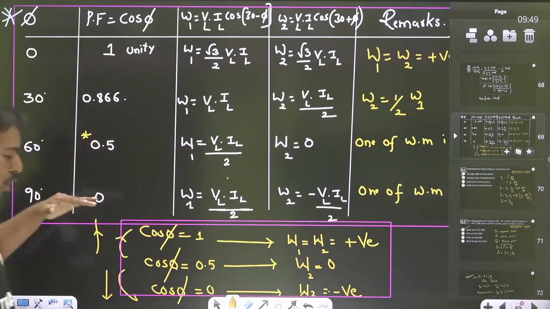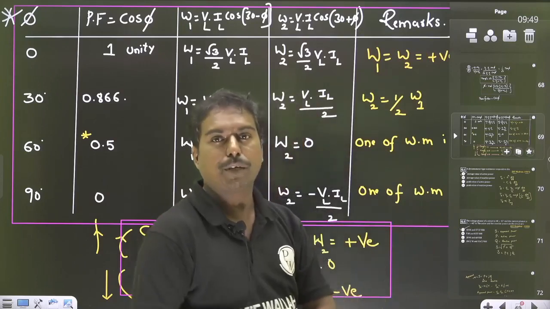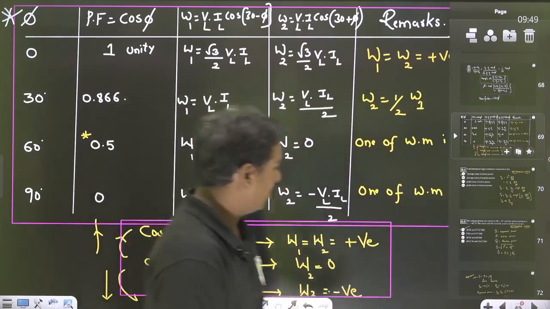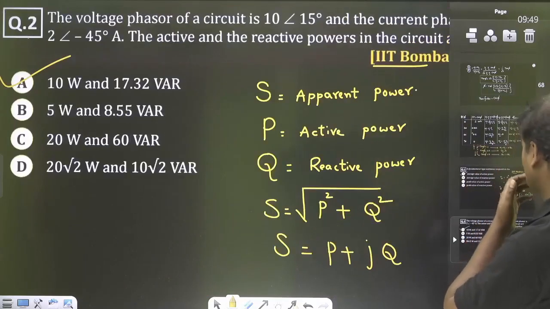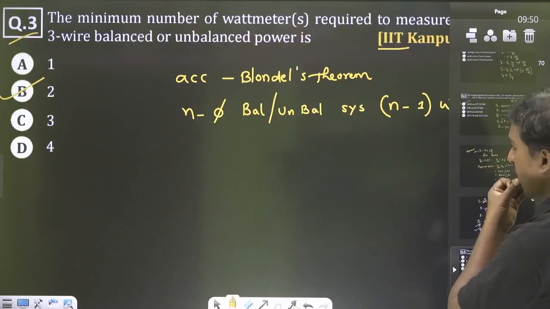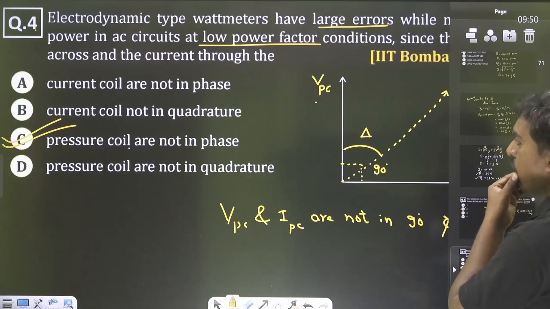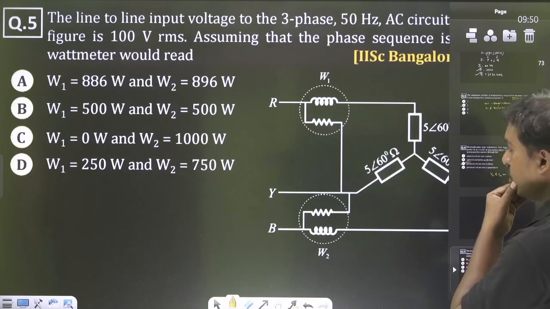Below 0.5, one of the wattmeter readings will be negative, and above 0.5, the wattmeter readings will be positive. Let us move to the next question.